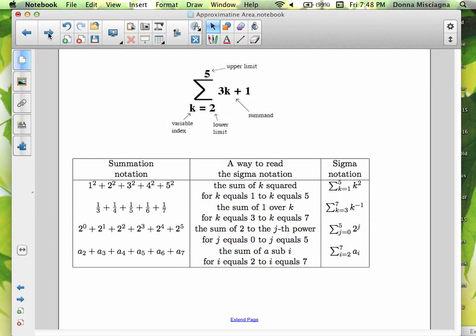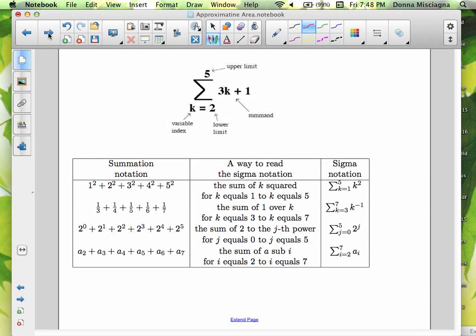All right, so the second one, the sum of 1 over k for k equals 3 to k equals 7, is what's shown on the right. It's telling us that 3 is where we start, 7 is where we stop, and the formula we're using is k to the negative 1, or 1 over k.